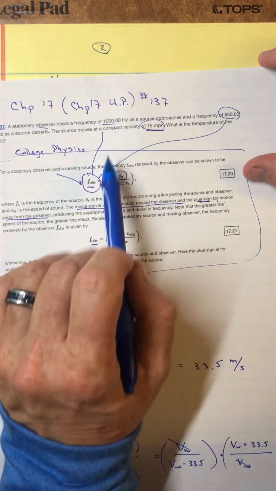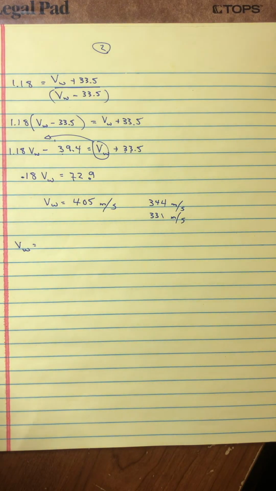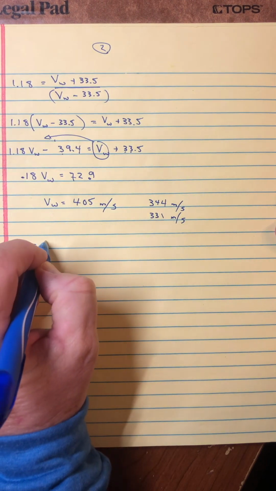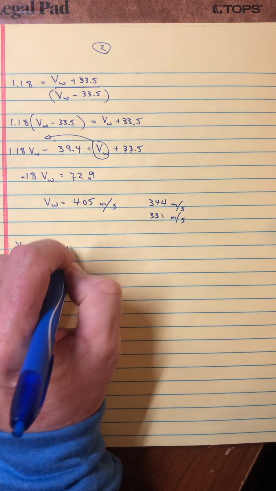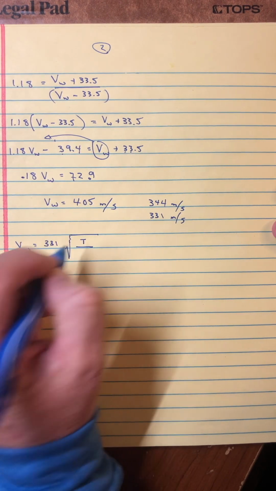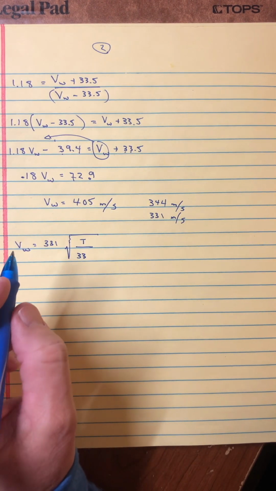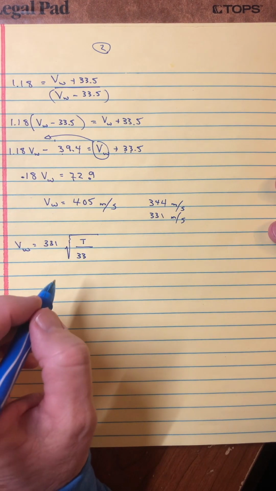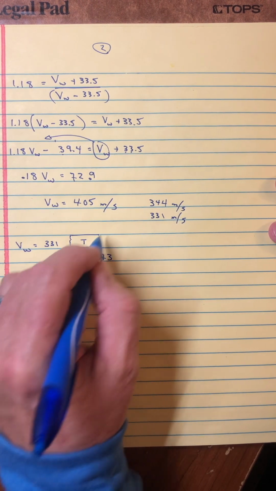And it's okay, it's in the air. And so then we have that 331 times the square root of the temperature on the Kelvin scale over 273.